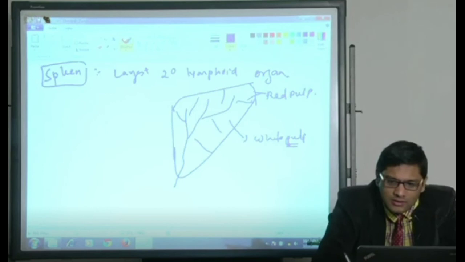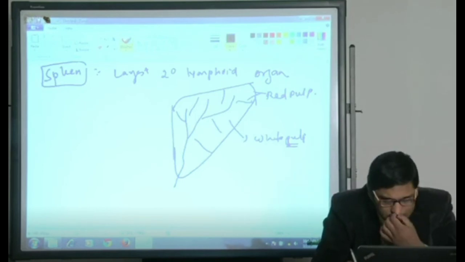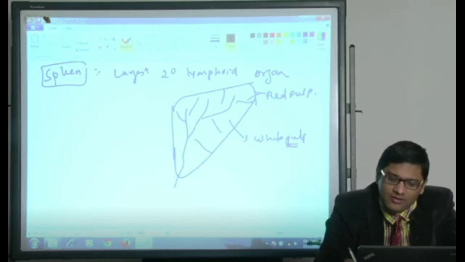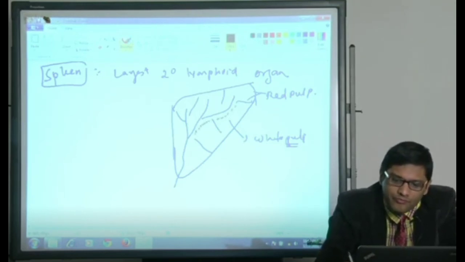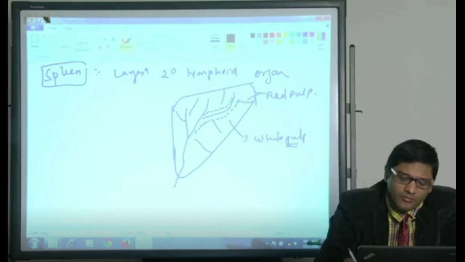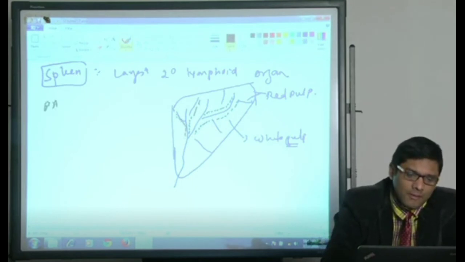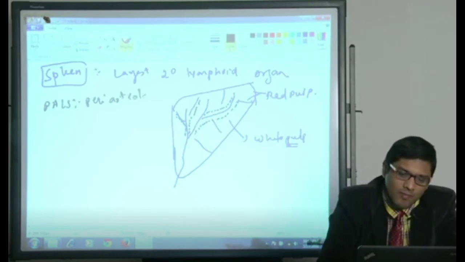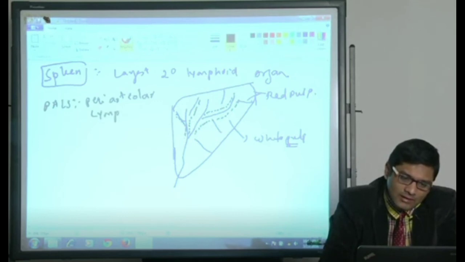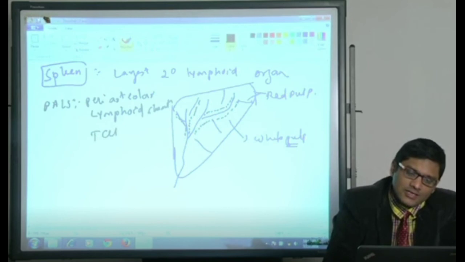And you know that these central arterioles, just adjacent to the central arterioles, the zone is called periarteriolar lymphoid sheath, and this is the area where the T cells will be residing.